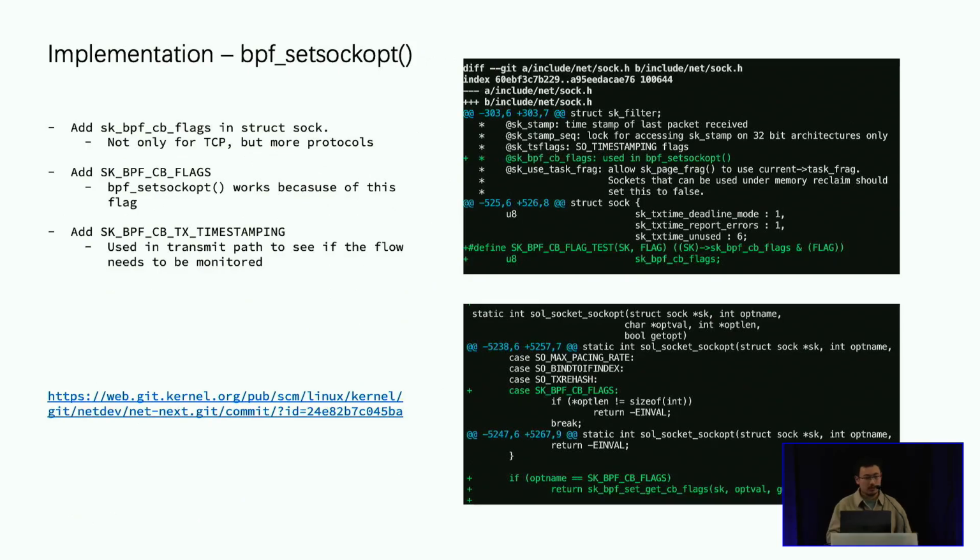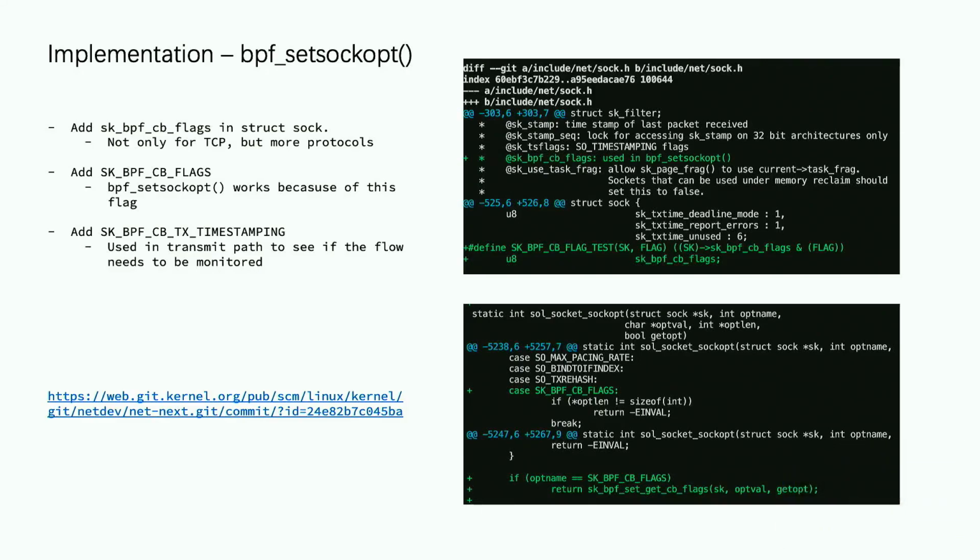Okay, let me quickly go through the details of the implementation of BPF timestamping. The first step is the BPF set socket object, which works very similarly to how socket timestamping does. You have to call this BPF set socket object in the BPF program in the initial phase, like the TCP init transfer. There are 2 BPF callbacks there.